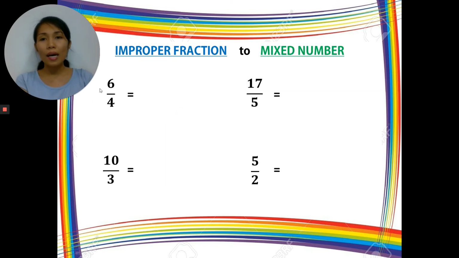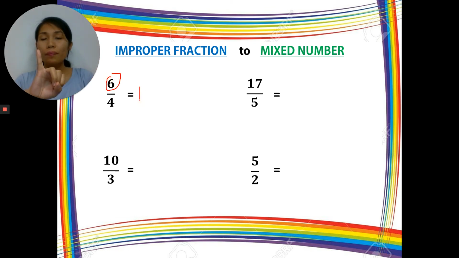Now let's try converting this into a mixed number. These fractions over here are improper fractions. We'll try to make this into a mixed number using our mental capacity. How many 4s are there in 6? 4, 8. 2 4s is already 8, so we cannot have 2 4s because it's just 6 in here.